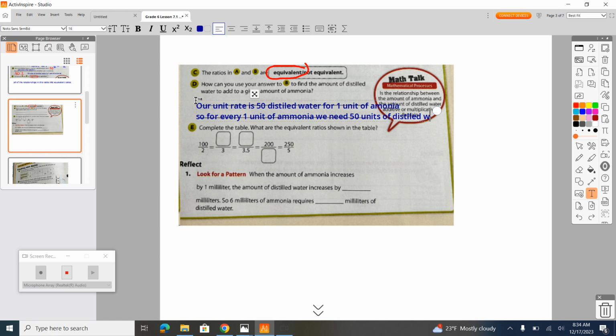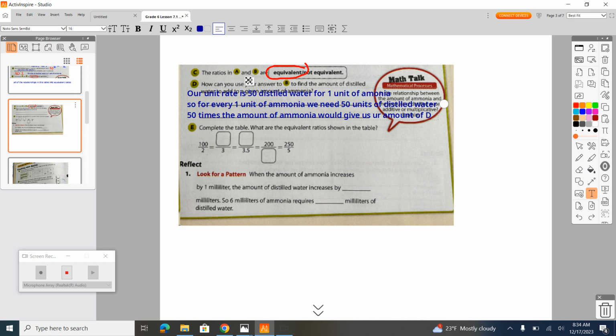That also means that we could think about it this way. 50 times the amount of ammonia would give us our amount of distilled water.